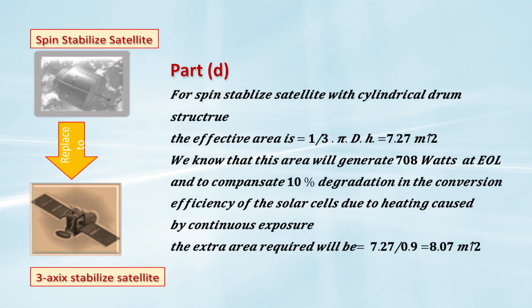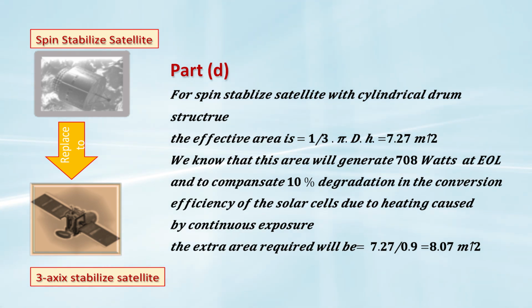And in the last part it is asked, if the spin structure is replaced by a 3-axis structure, what extra area is required. The effective area for the spin structure that we have calculated comes out to 7.27 square meters, and we know that this area is generating 708 watts at EOL.